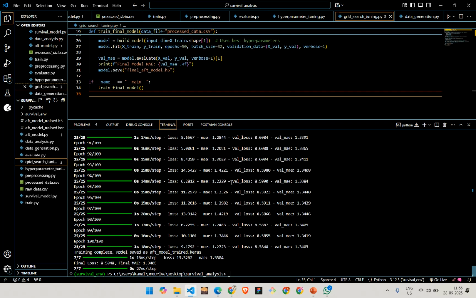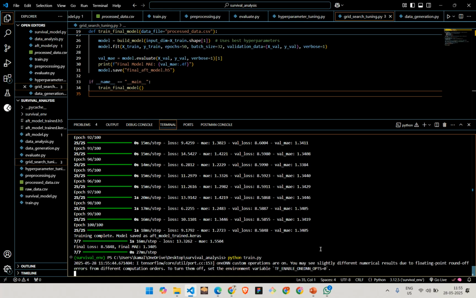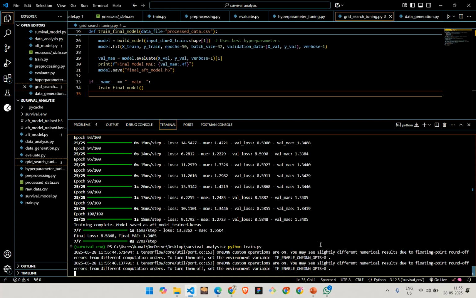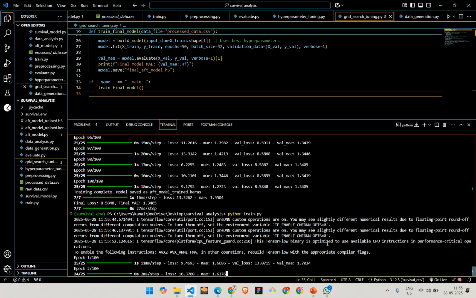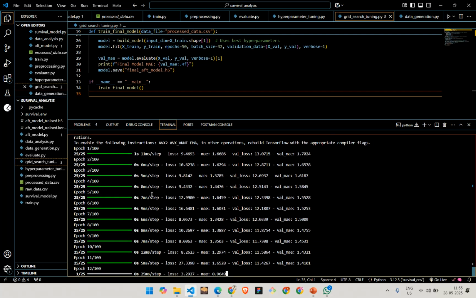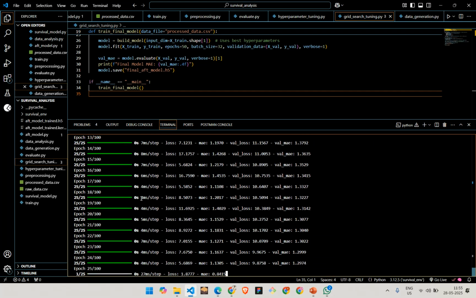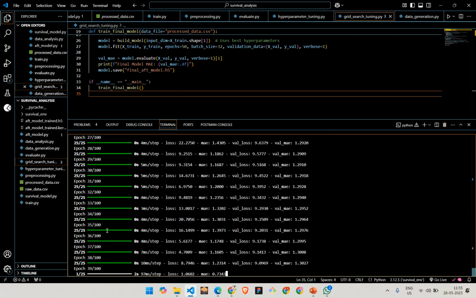So I am running this project again. We give the command python train.py, and we run it. You can see our model is going to train again on the basis of the data set we've provided, and here it is training the model, the epochs.